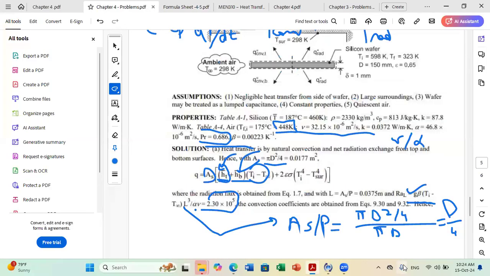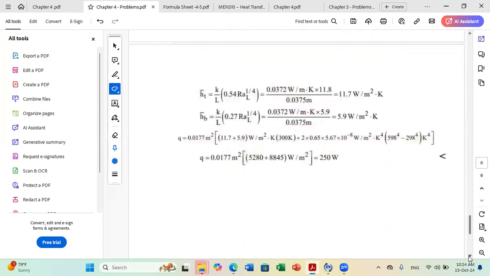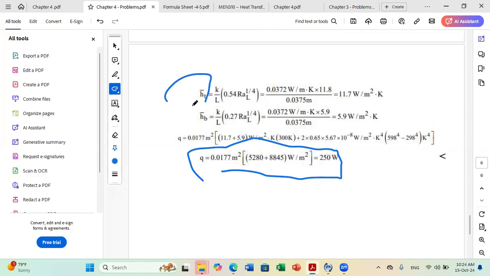So if I replace in these formulas, I can find h top and h bottom. Okay, and I can calculate the total value of my loss now. I replace in my equation. I add convection from top, convection from bottom, and radiation. Okay. Any question on this?